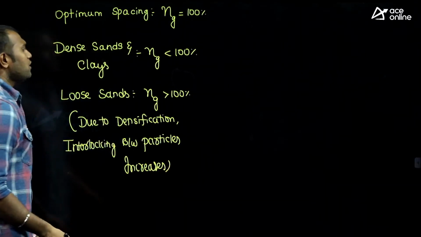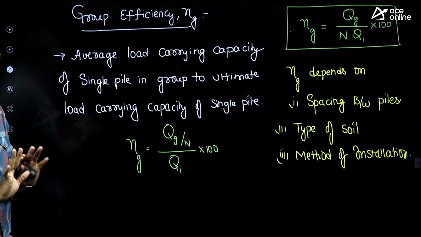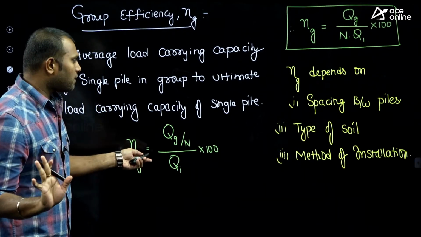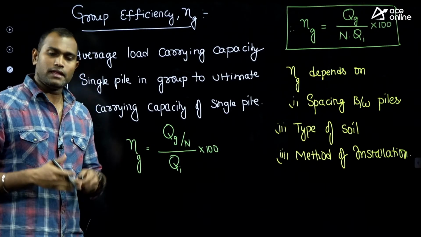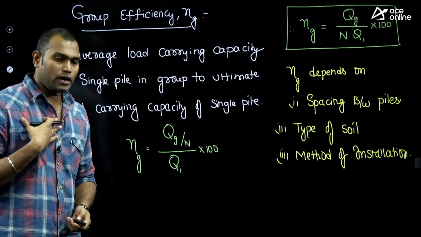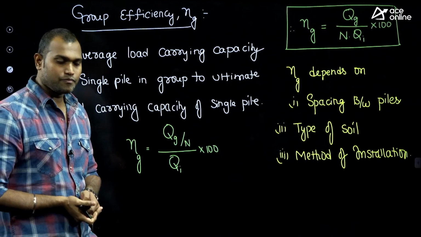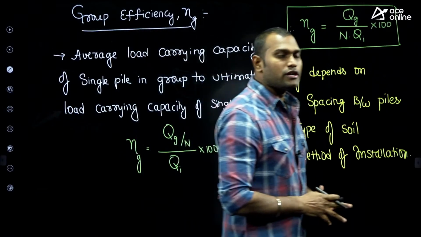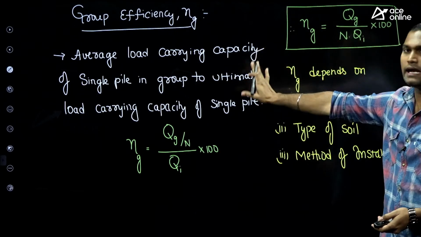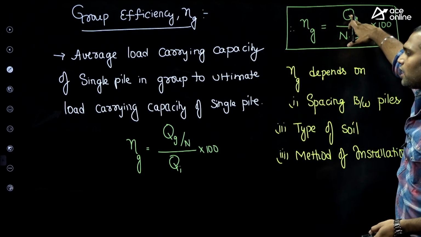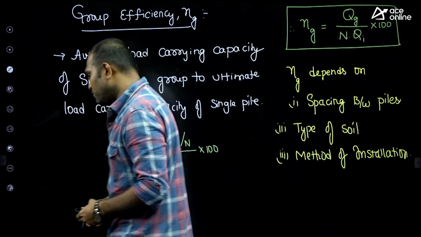Okay, so this is how you find the group capacity and group efficiency, but I am not dealing now with how to determine the group carrying capacity QG, because in the stipulated time we will see another way. What I am trying to do is give you one empirical formula to determine the group efficiency. The group efficiency is nothing but average load by ultimate load, and for that you require QG, the ultimate load carrying capacity of the group.